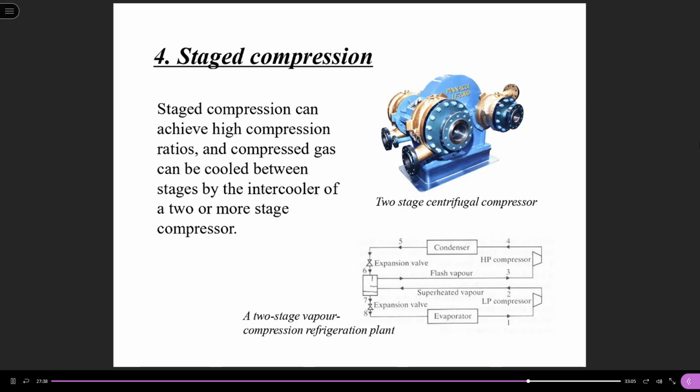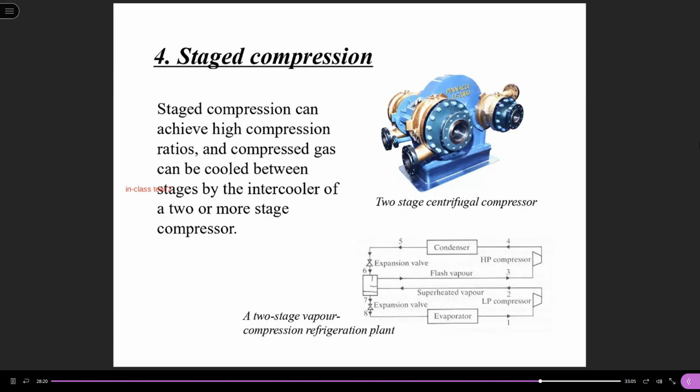And for multi-stage compression, we can achieve higher compression ratios, and the compressed gas can be cooled between stages by an intercooler, with one, two or more stage compressors. There is one question for in-class test 2: the last question regarding multi-stage compression.